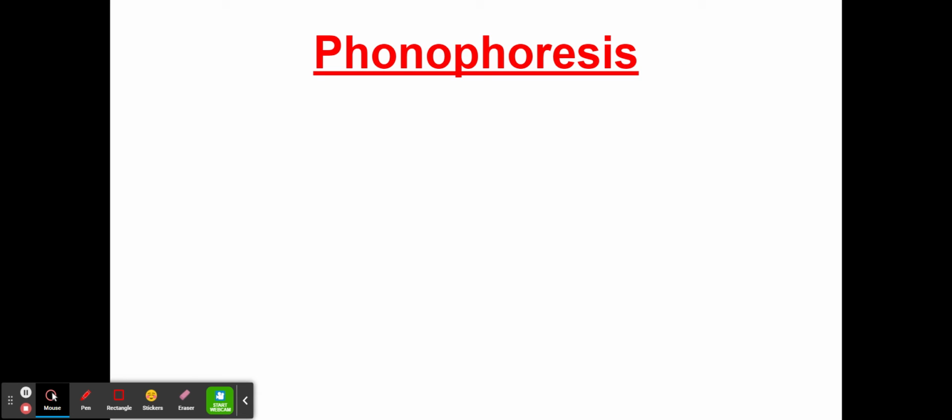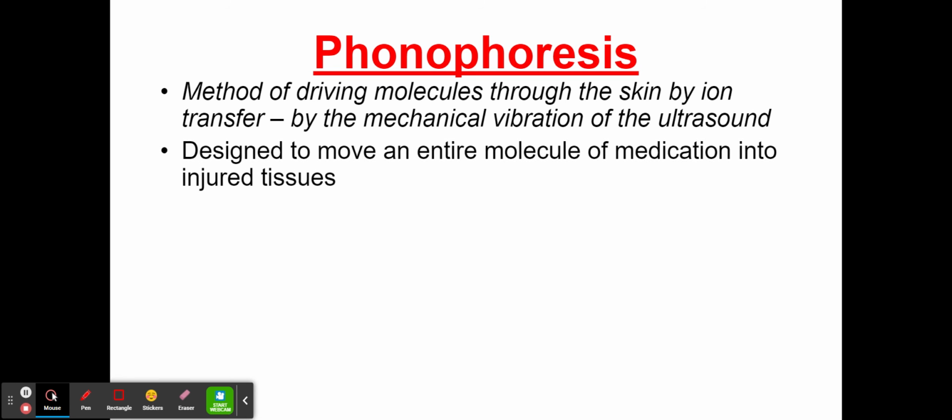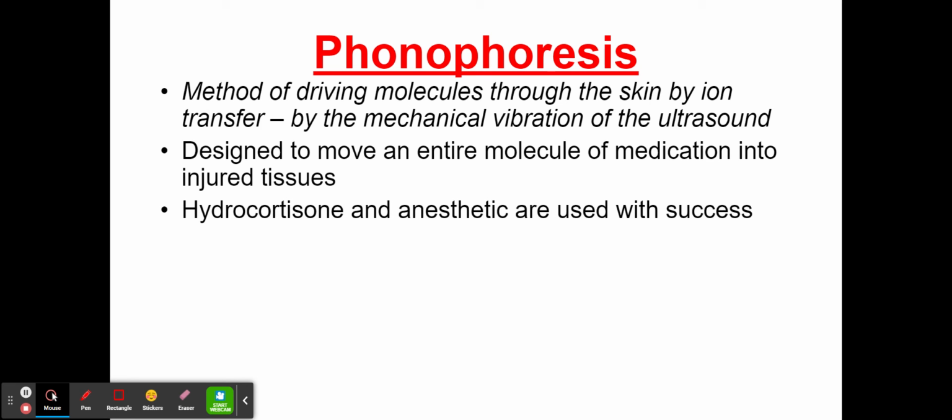Now, there is a thing called phonophoresis. This is a method where we can drive certain molecules through the skin. If we wanted to put some sort of ointment or medication on, we can actually drive it to that injured tissue. Hydrocortisone and anesthetics are used pretty well with this.